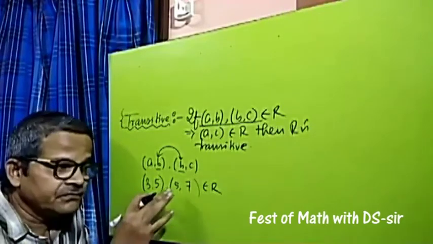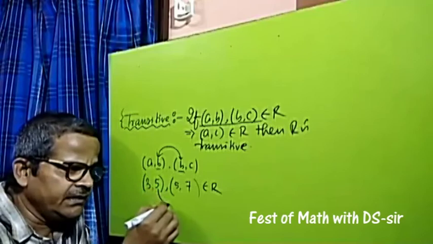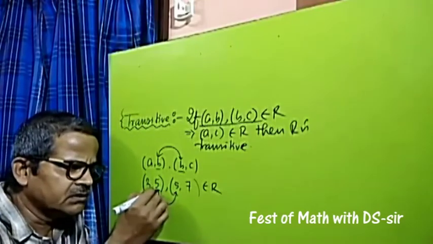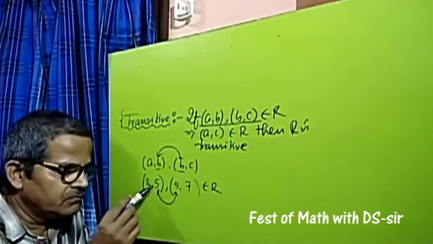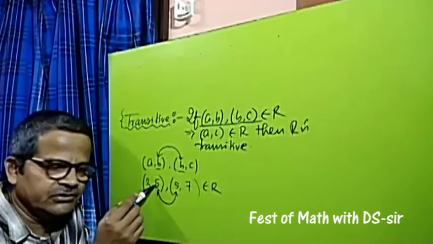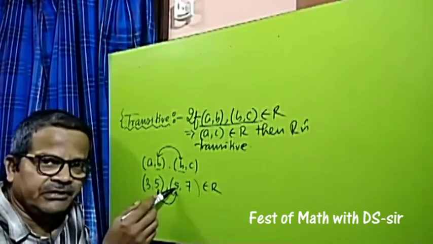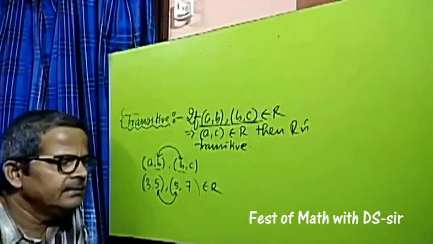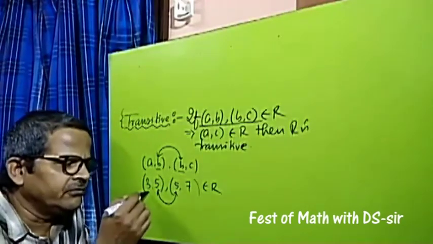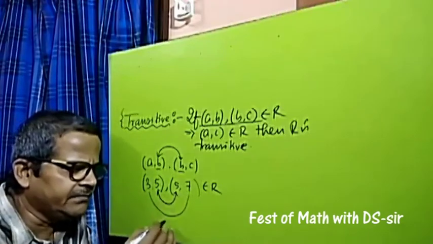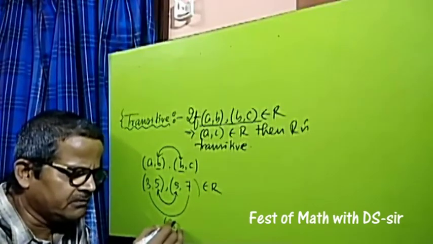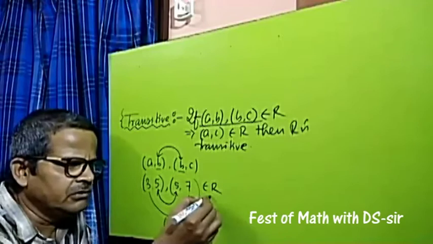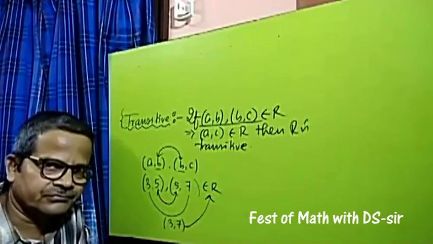But if you find any two ordered pairs where the image of one and the pre-image of the other are equal, then you have to find whether an ordered pair of the form (3, 7) belongs to R or not.